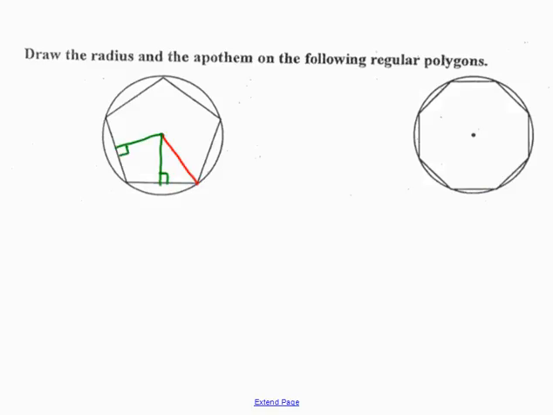I could put the apothem here. Those are all apothems. Again, the radius goes from the center to the vertex, and the apothem goes from the center perpendicular to the side.